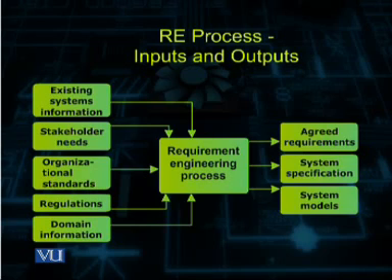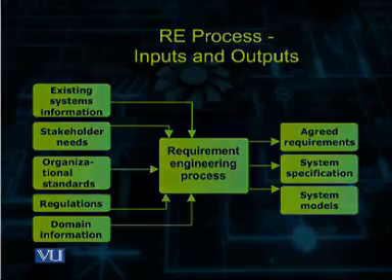Let's consider the stakeholder needs. The stakeholders describe their needs and their wants as inputs to the requirements engineering process, and we had a good discussion about different kinds of requirements that come from the stakeholders, the possibility of generating inconsistent requirements or inconsistent needs because they're coming from different stakeholders.